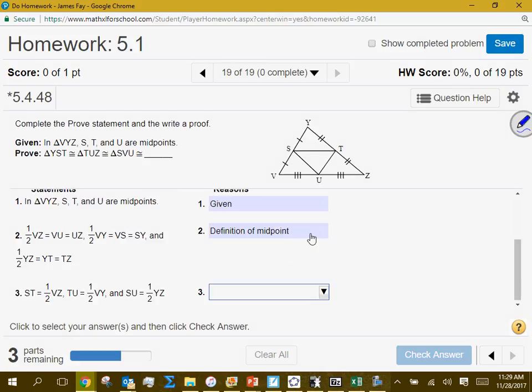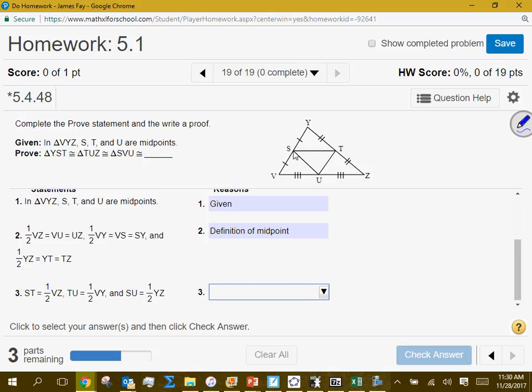Now, this third portion, they're saying ST, which now is the midsegment. ST is the midsegment. That is half of VZ. They're then saying that TU, which is this midsegment, is half of YV.